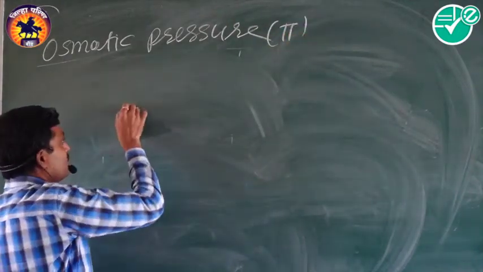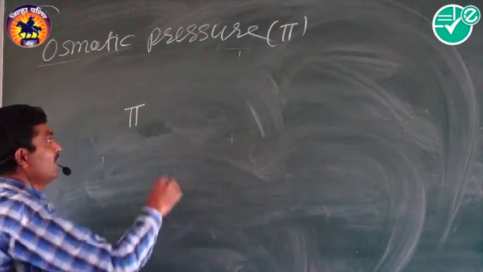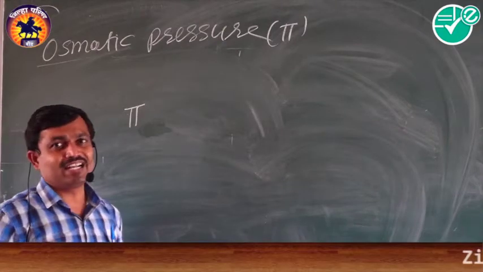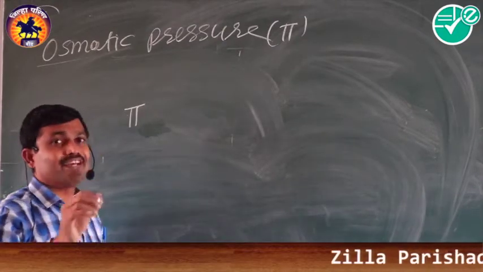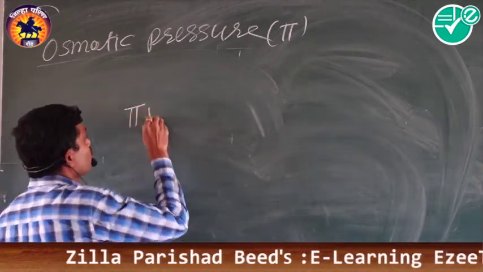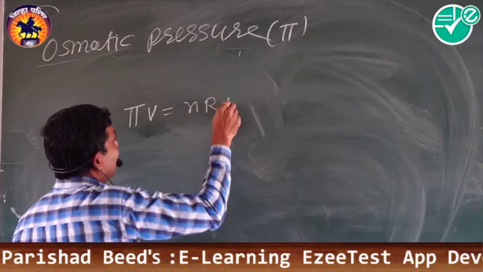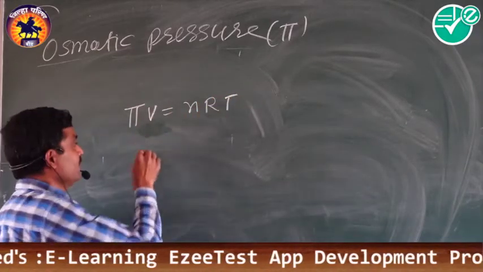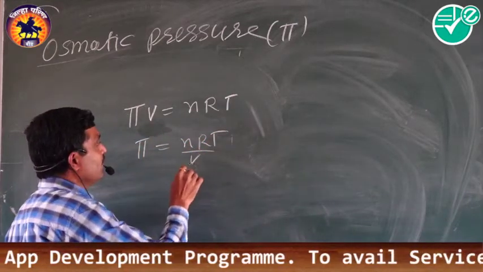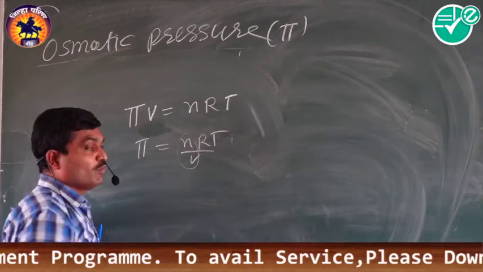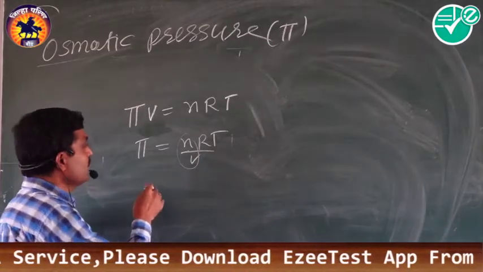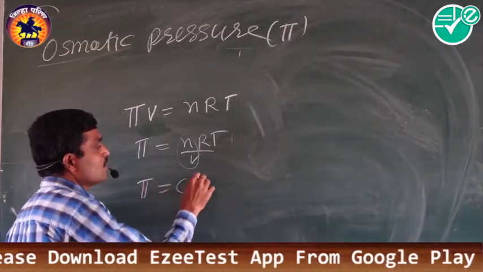Generally we know PV is equal to nRT, the general gas equation. In place of P we use the osmotic pressure, pi. So pi V is equal to nRT, and pi is equal to nRT upon V. Here n upon V is the concentration, number of moles per volume. So pi is equal to CRT.